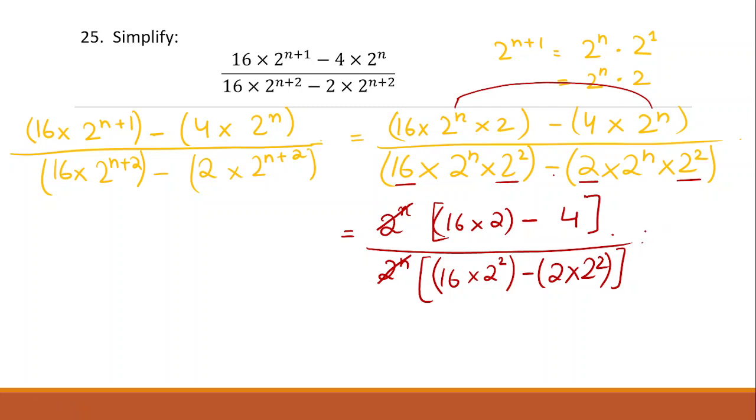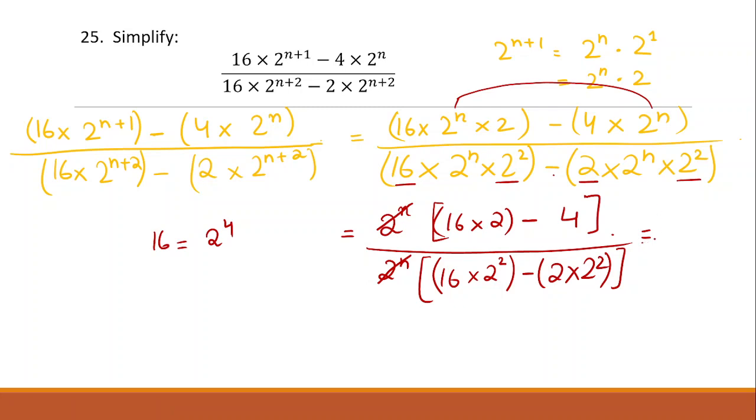Now if you see, we can write 16 is basically 2 to the power what? 4, right? Because 2 multiplied by 2 multiplied by 2 multiplied by 2 is 16.